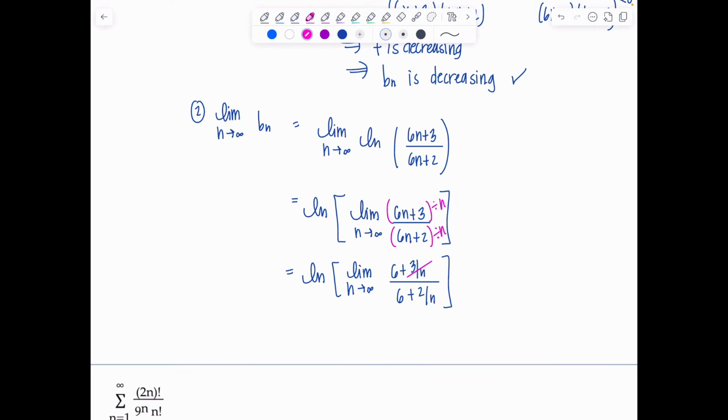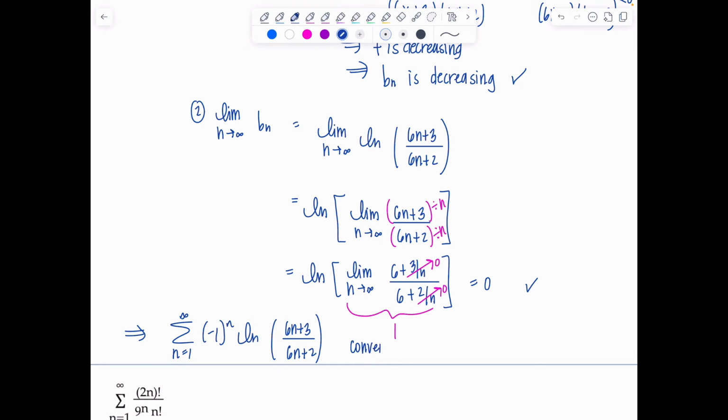Both 3 over n and 2 over n go to 0. So 6 over 6 is just 1, and ln of 1 is 0. Boom. So both conditions of AST were satisfied, so then I can say with confidence the sum from n equals 1 to infinity of negative 1 to the n, ln of (6n plus 3) over (6n plus 2) converges by the alternating series test.